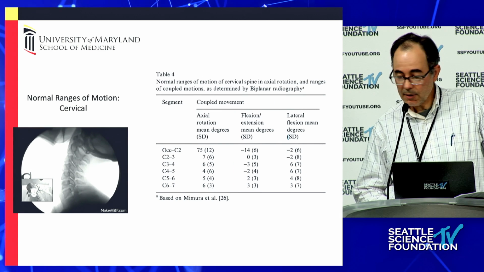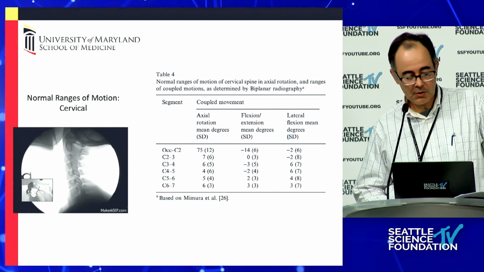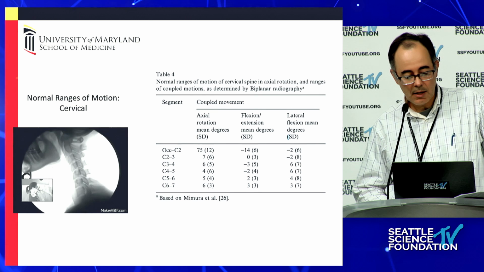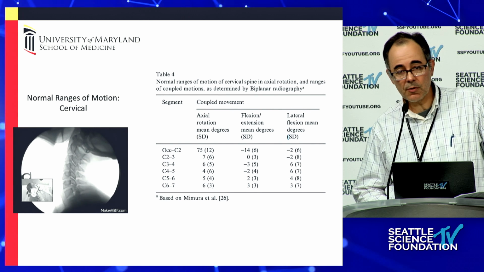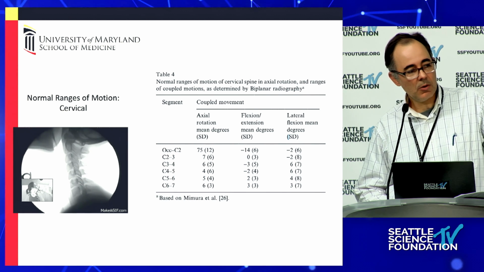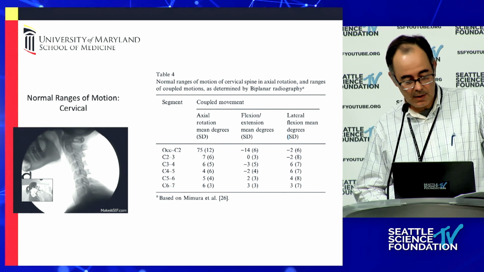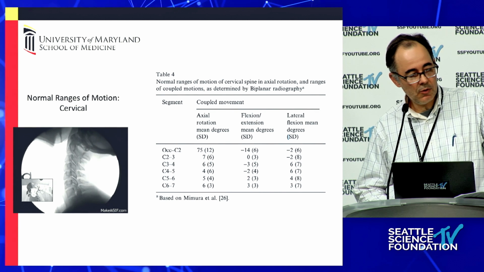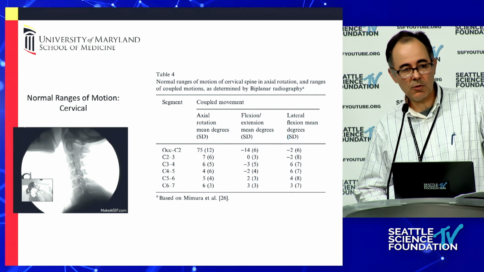You just look at that lateral radiograph and see how much extension is feasible. This is a table showing the normal ranges of motion of the cervical spine. So it's a substantial part of our body that when we start fusing and sacrificing these motion segments, it really creates a stress on everything else.